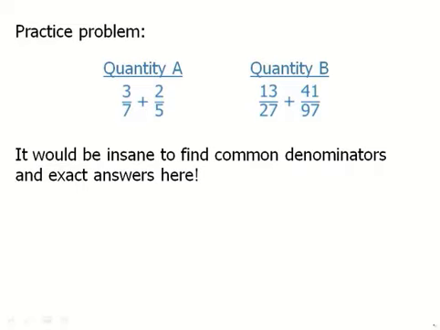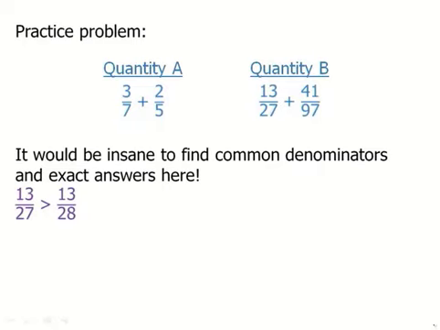Well, certainly, if we make the denominator bigger, that makes the fraction smaller. So 13 over 27 has to be greater than 13 over 28. Well, if we make the numerator smaller, that makes the fraction even smaller. So 12 over 28. Well, 12 over 28 simplifies to 3/7. So this tells us that 13 over 27 is larger than 3/7. So that piece is bigger.